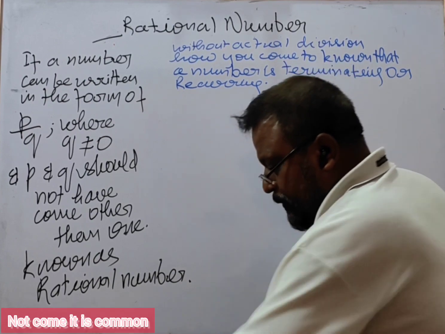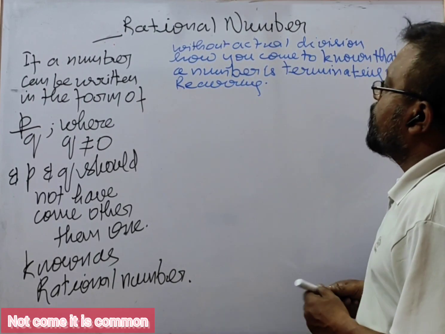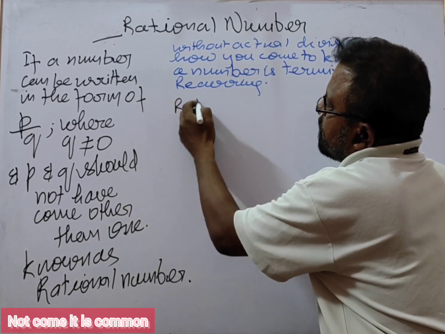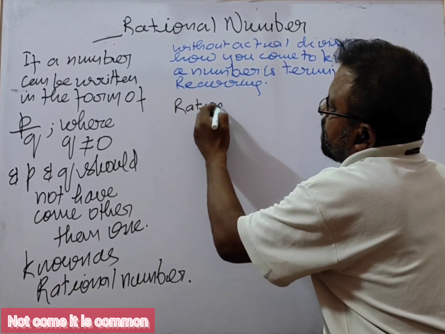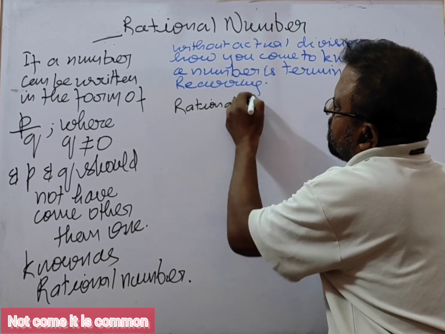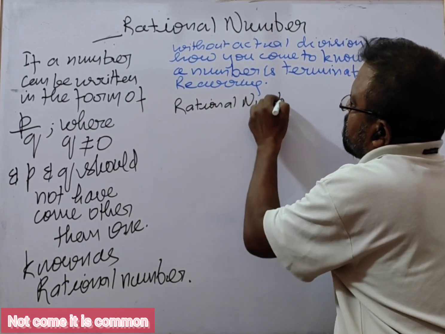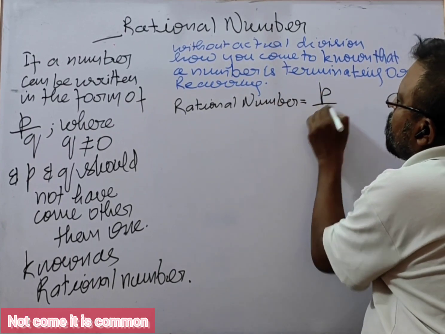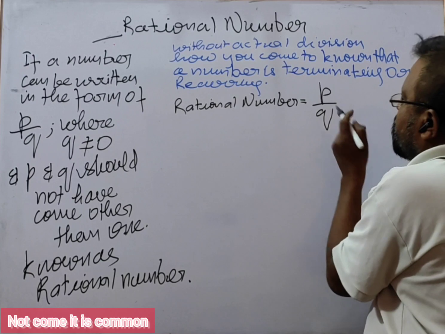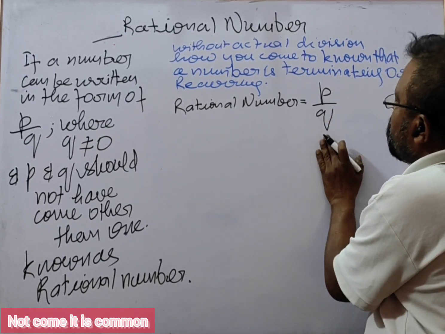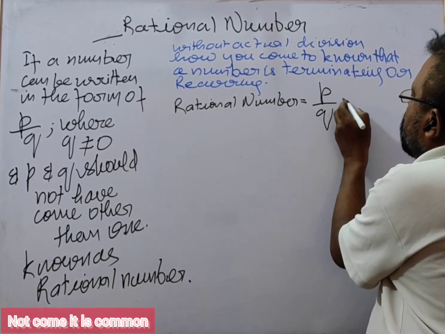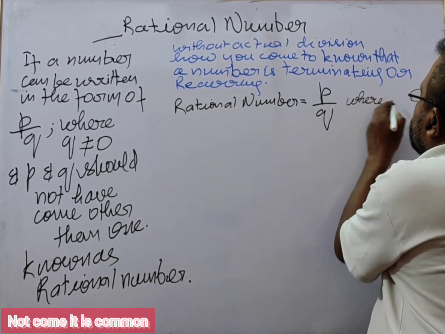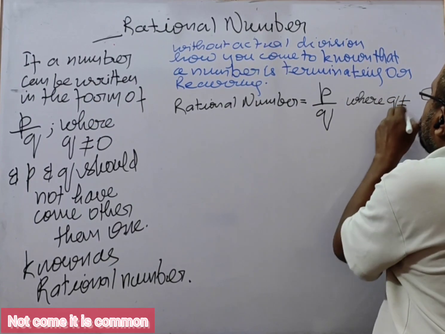So for that, a rational number is equal to P upon Q, where Q is not equal to 0.